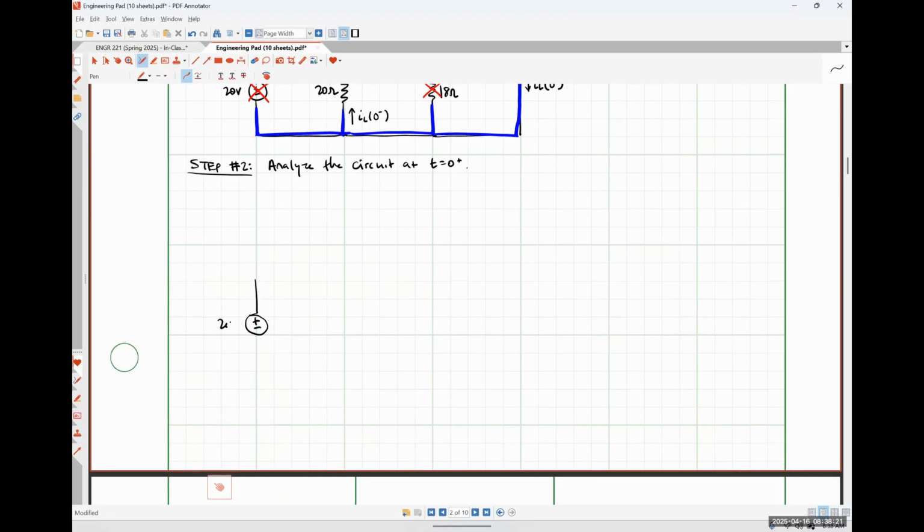So here's my 20-volt source, 5-ohm resistor, 20-ohm resistor, 5-ohm resistor, 18-ohm resistor, 2-amp current source.